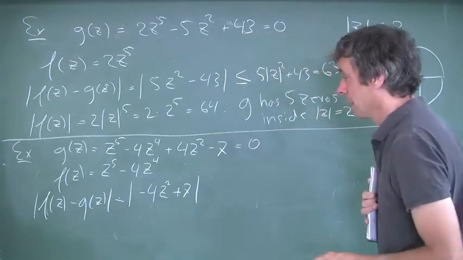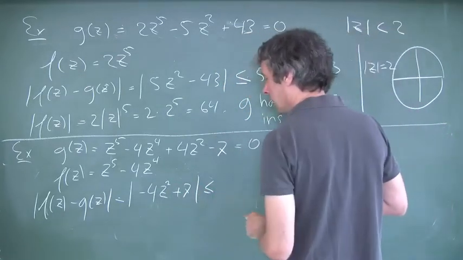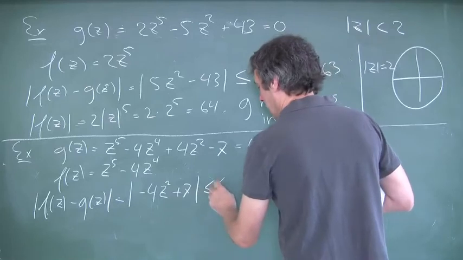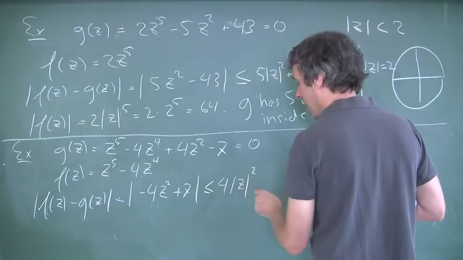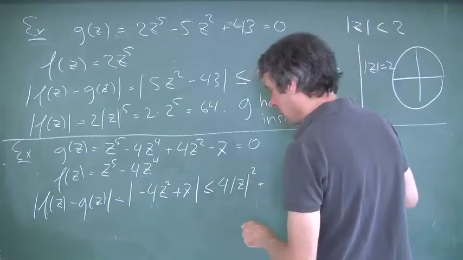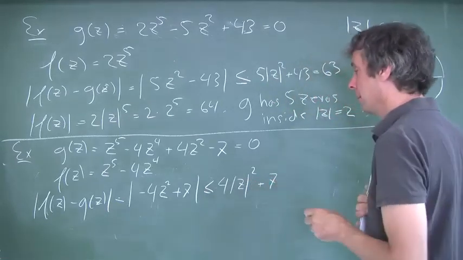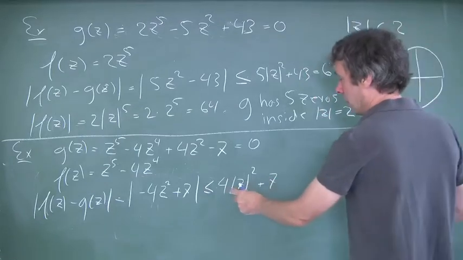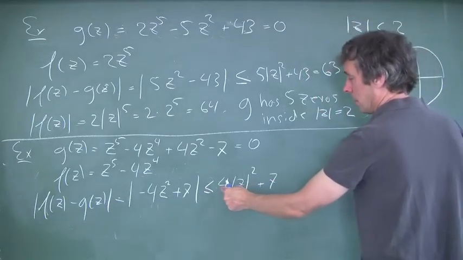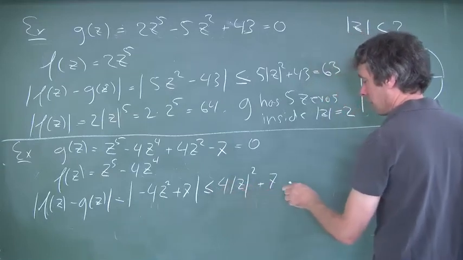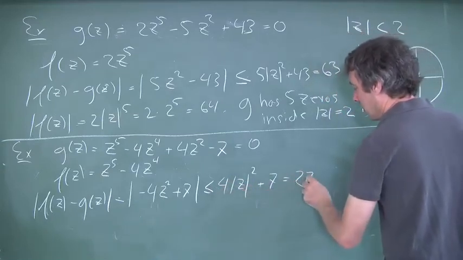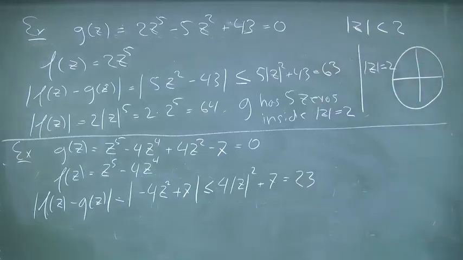And by the triangle inequality, this will be less than or equal to 4 times the absolute value of z squared plus 7. And on the boundary, this would be 2, so you get 4 times 2 squared, which is 16, plus 7, which gives us 23.